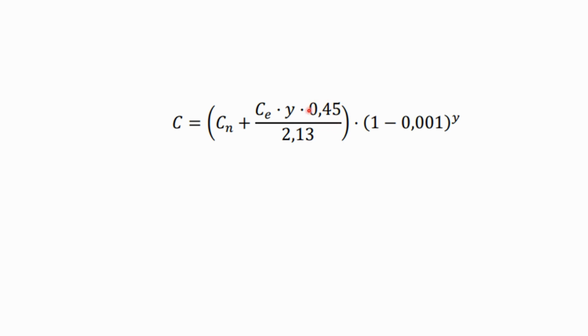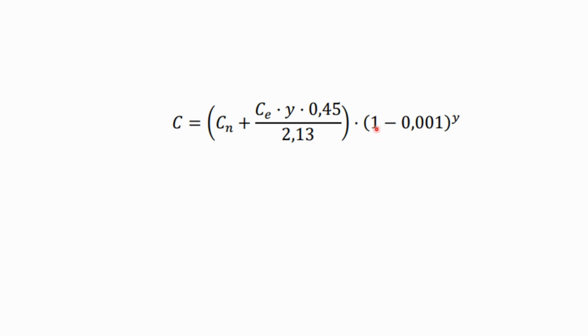This factor shows that we assume that 45% of the carbon emitted will stay in the atmosphere. We divide this with this factor here, which changes carbon to carbon concentration in the atmosphere.